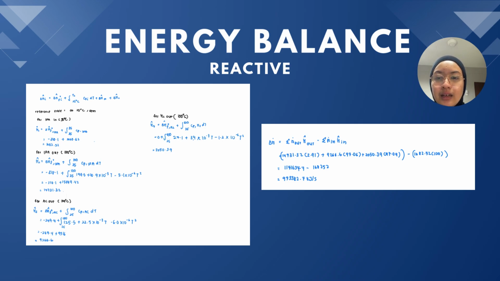The heat of formation of isopropanol is used with the specific enthalpies from the table, and it continues with the other substances. Once I have all the specific enthalpies, I proceed to calculate the energy balance with the specific enthalpies of each substance, outlet minus inlet, and I get the heat of the energy balance for the system.